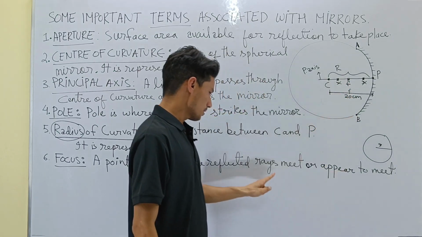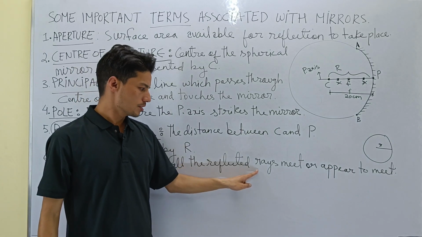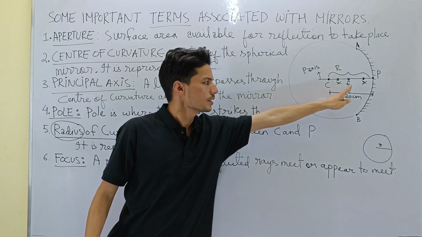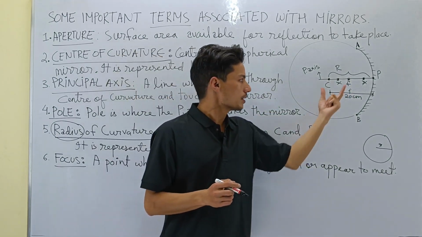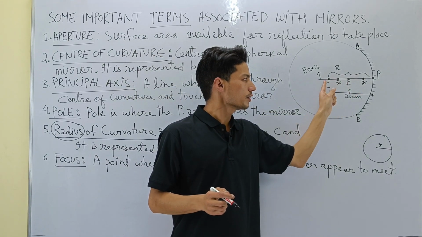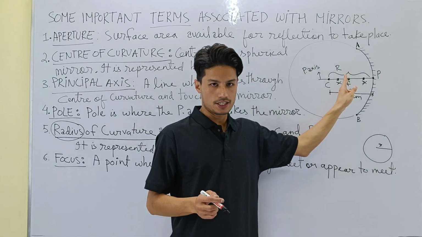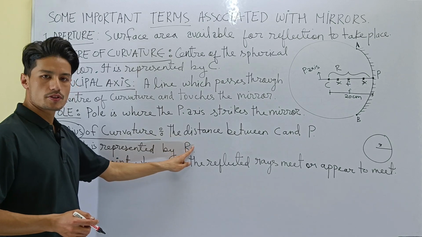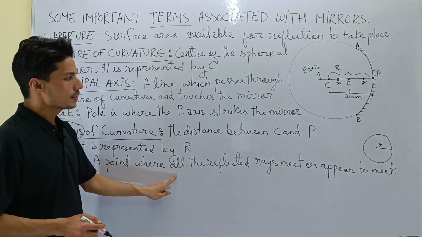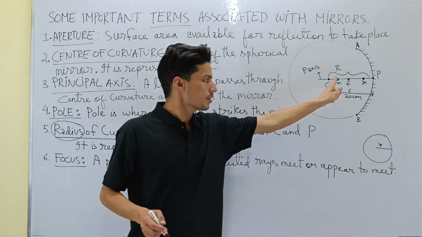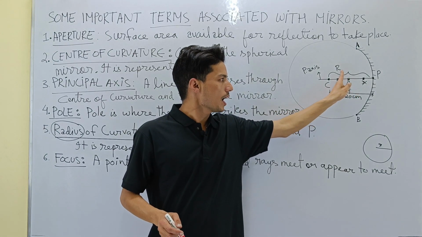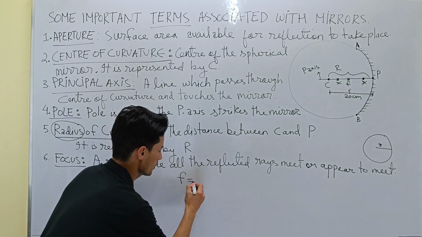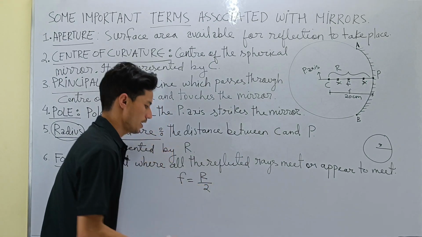This is the definition of focus, but for solving numericals, which we will be doing very soon, this knowledge is very important: focus is half of the radius of curvature. That is the formula I was mentioning earlier, between radius of curvature and focus. The formula is this: focus is half of radius of curvature.